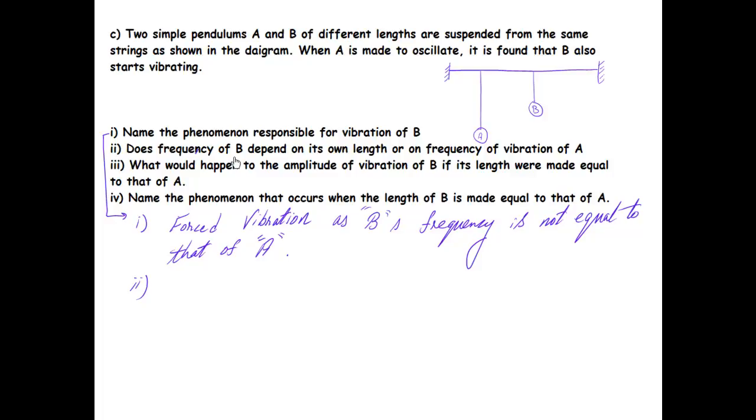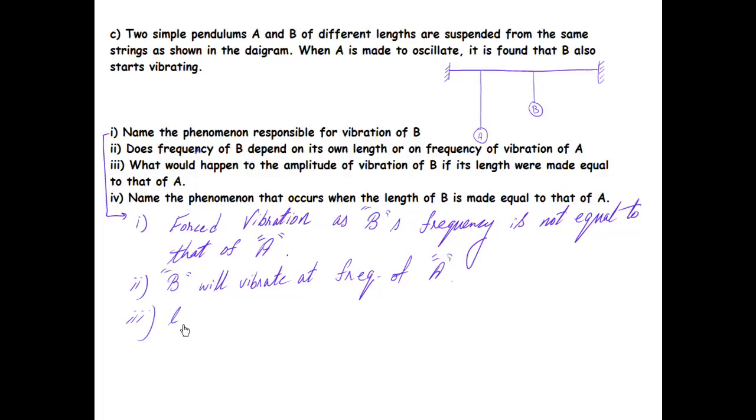Does the frequency of B depend on its own length or on the frequency of vibration of A? So obviously since A is setting B into oscillation, B will vibrate at frequency of A. So now the third part, what would happen to the amplitude of vibration of B if its length were made equal to that of A?